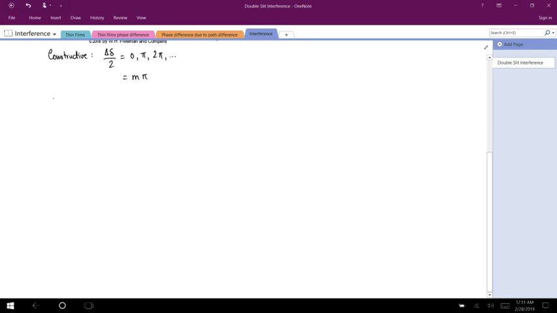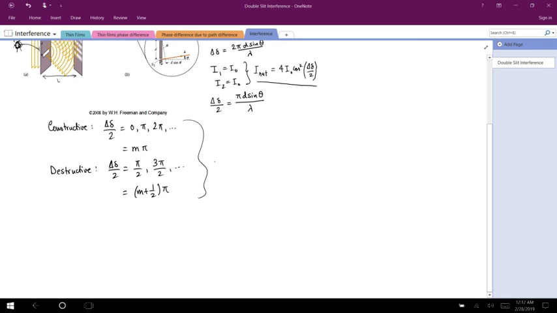And now we can also talk about destructive interference. For destructive interference, what we need is delta delta over 2 to be equal to pi over 2, 3 pi over 2, etc., which is the same as saying it's (m plus 1/2) pi, where m is 0, 1, 2, etc. So these are the two conditions, and if I plug them into that equation, then immediately we find that pi d sine theta over lambda is equal to m pi for the constructive case, and for the destructive case, pi d sine theta over lambda is equal to (m plus 1/2) pi.